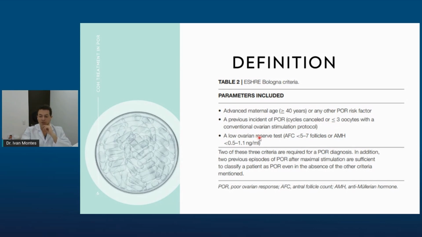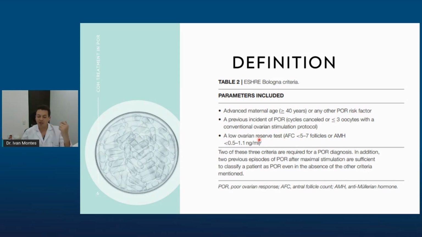In addition, 2 previous episodes of poor response after maximal stimulation are sufficient to classify a patient as poor ovarian responder, even in the absence of the other criteria mentioned. This consensus definition was initially introduced with the primary objective of standardizing the definition of the poor ovarian responder patient based on oocyte quantity for use in research studies, but around the globe it was used as a diagnostic criteria for defining the treatment.